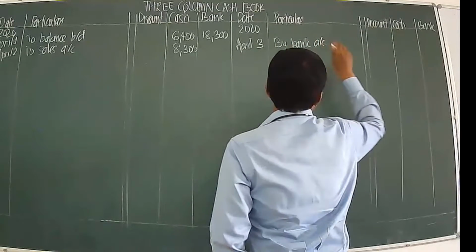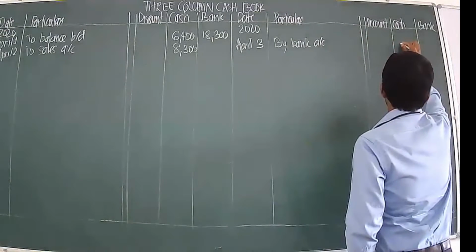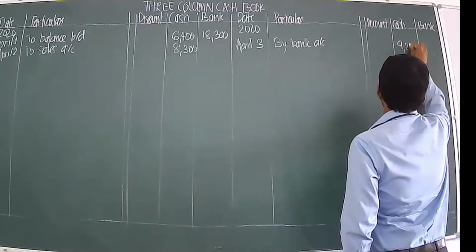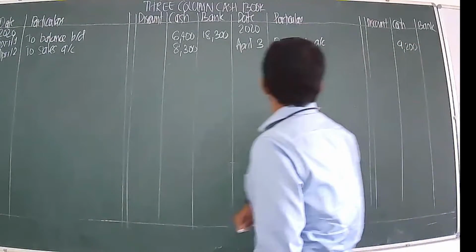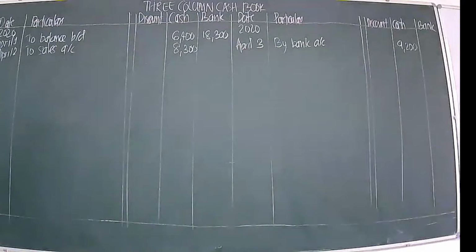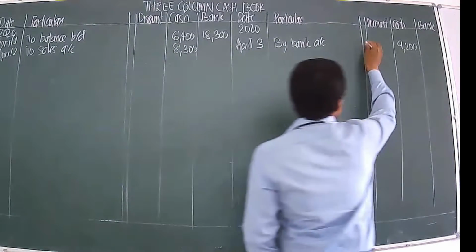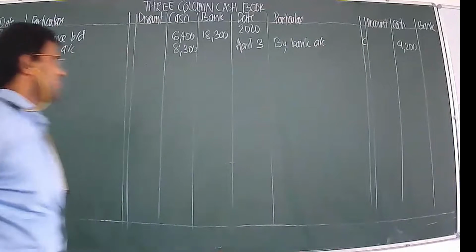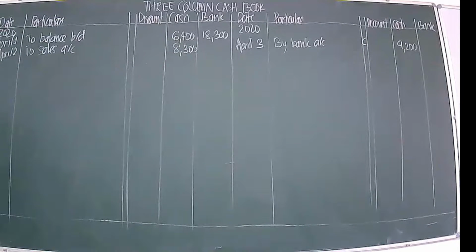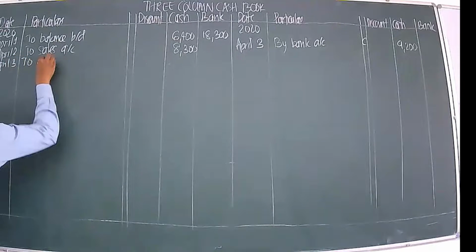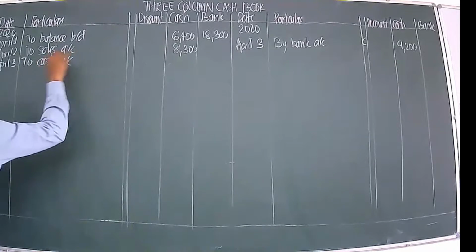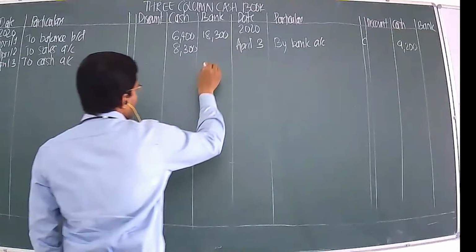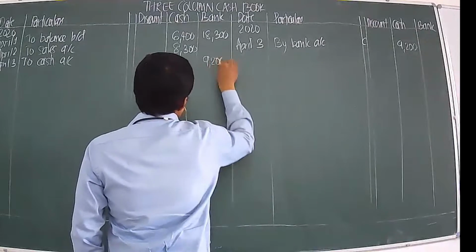And in the cash column, we will write the amount 9,200. It's a contra entry. And on the debit side, we will write to cash account, and in the bank column we will write the amount 9,200.